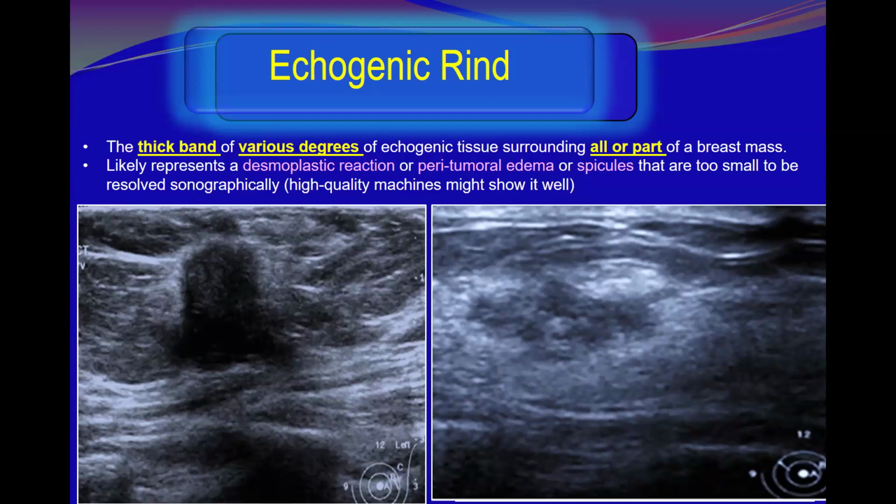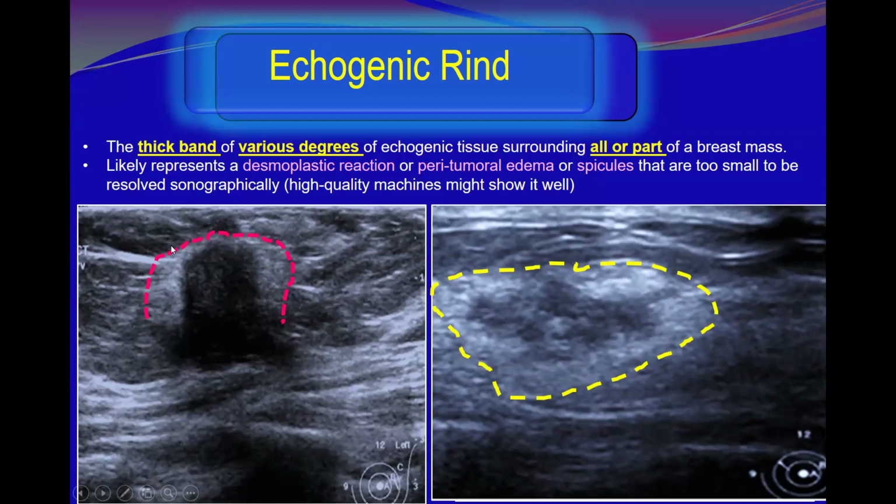If we look at these two examples, the echogenic ring almost completely encircles this malignant mass. In the other example, this line follows the hyperechoic rind, and as we mentioned before, it is thin or relatively thin anterior and posterior, but thicker on the side. Can you see how it is thick here on the side? But in this example, it is incomplete.